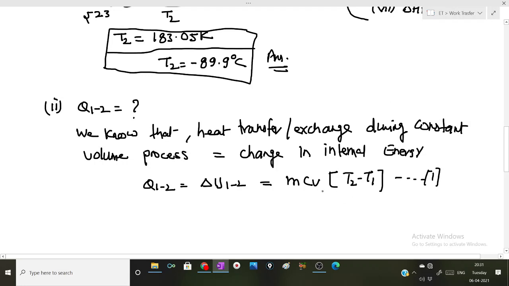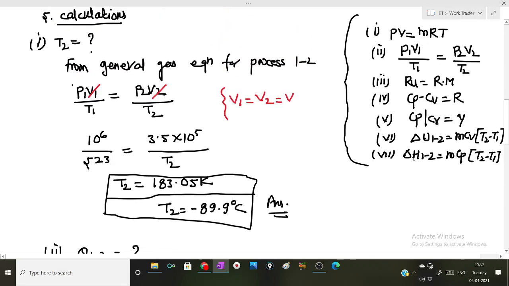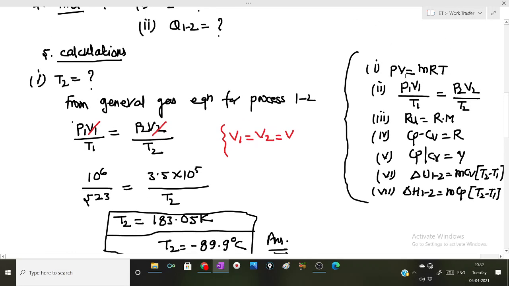Now in this expression, we don't know only the value of m. Cv value, T2 and T1 values are known to us. So the value of m is unknown. Now how to calculate the mass of the gas? PV is equal to mRT.